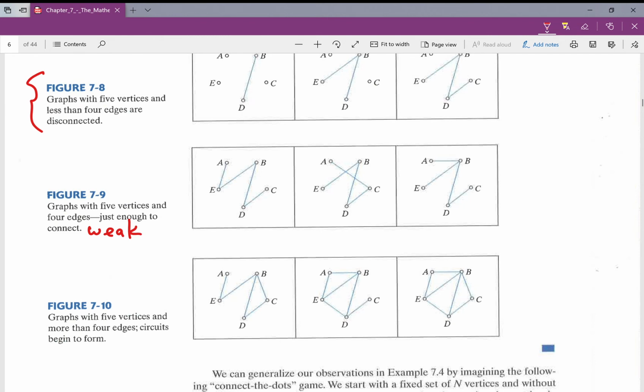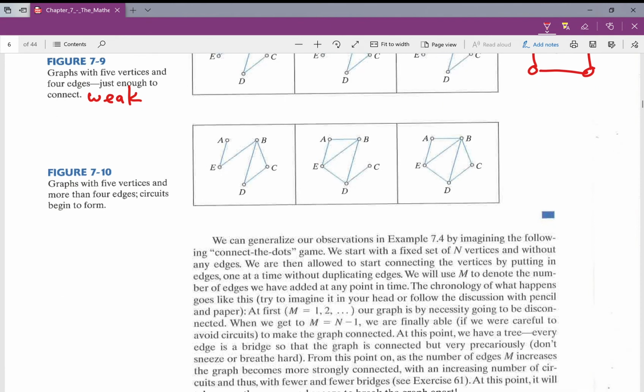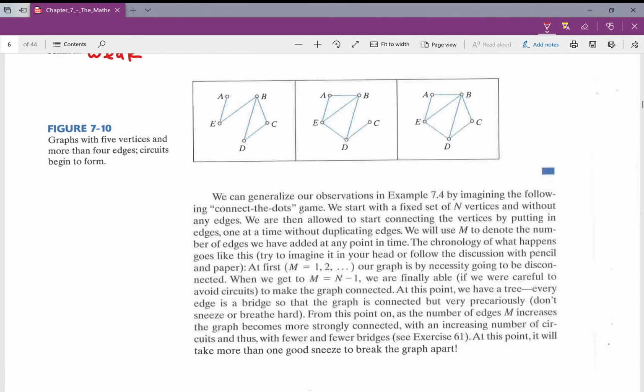We must add a word such as connected, 5 vertices and 4 edges, and connected, because I can draw 5 vertices and 4 edges, and now it's disconnected. And if we have 5 vertices and more than 4 edges, we see that circuits will always show up, and if there's a circuit, it's not a tree.